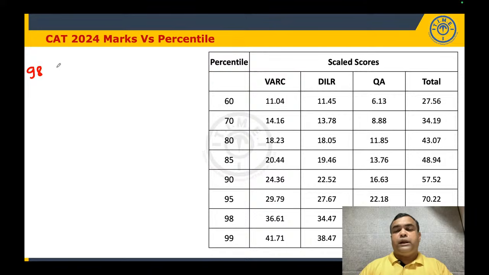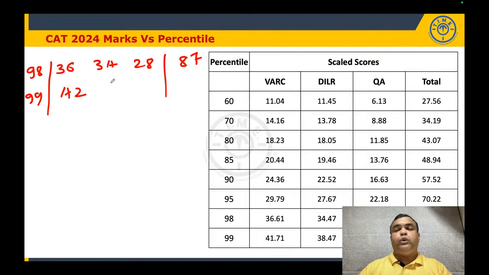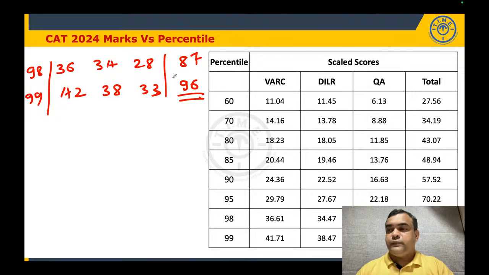I'll show it. 98 is around, I'm writing the rough numbers now: 36, 34, 28. Overall you required 87. And for 99, I write 42, 38, 33. Overall you required 96. No issues in this part. Is that part clear?